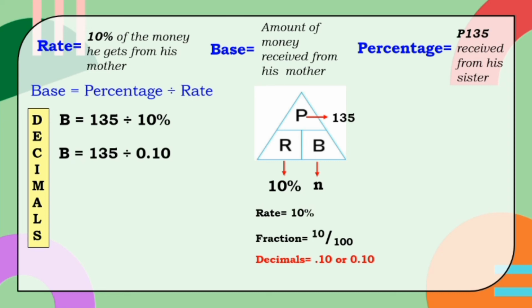So, gamitin natin yung shortcut. So, we have base equals 1,350. So, nag-move lang tayo ng decimals 2 places to the right. So, Rolly received 1,350 from his mother.